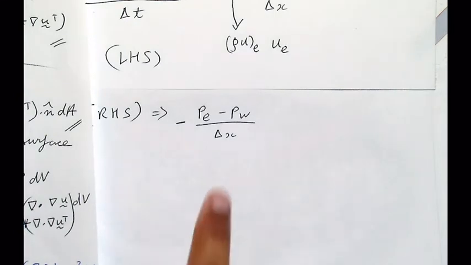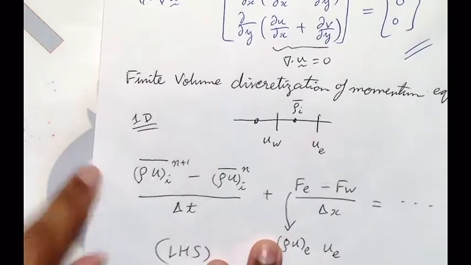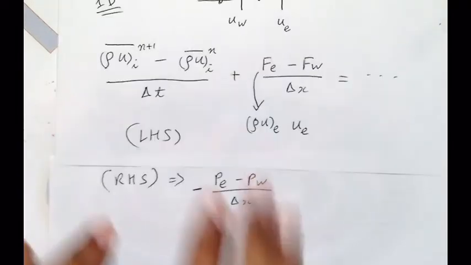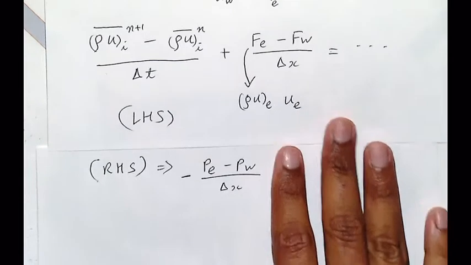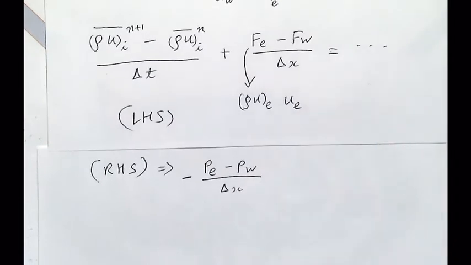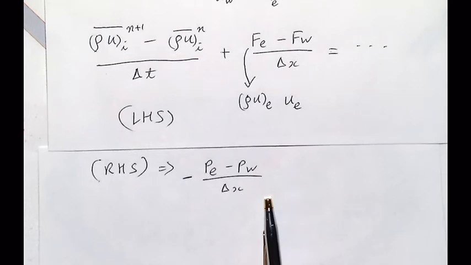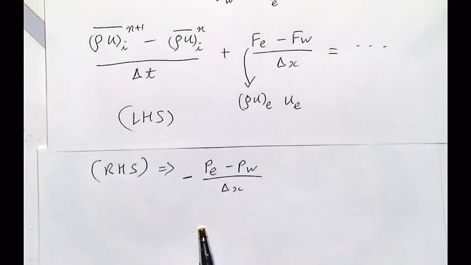And the delta x comes from, there was originally a delta V here, which becomes delta x in 1D. But for the general case, there would be A divided by delta V, which would give you delta x. So this would still be valid.